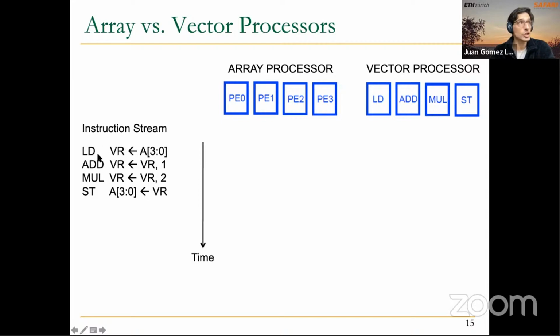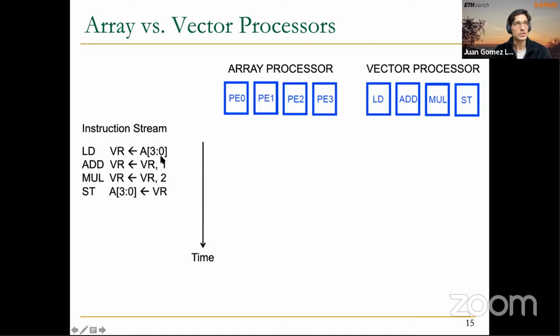The first instruction, the load instruction, accesses four elements from array A in memory, and these 4 elements are stored into the vector register. So we know that the vector register has 4 registers. Next, we perform this addition.